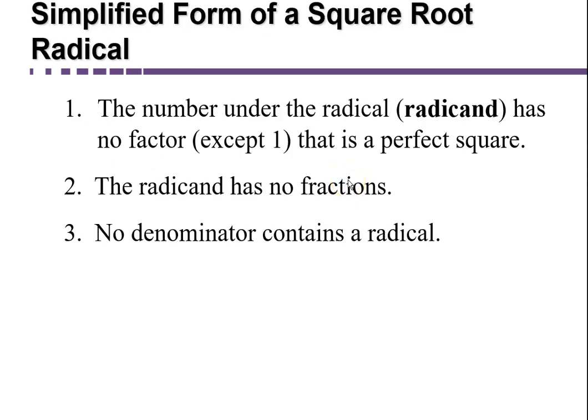Now, we want to give you, again, a little bit of background on radical numbers. So, we want you to include this in your notes. So, of course, we have the sign. This is called the radical sign. Now, you notice there's a little notch here. And sometimes you may see a little number there.